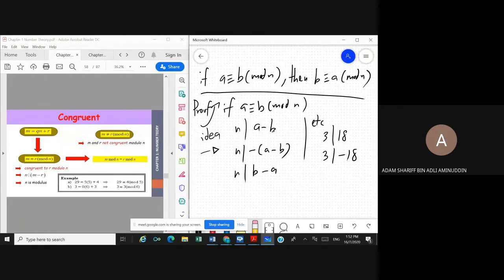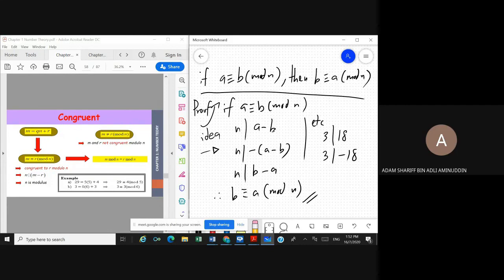A very simple but clever idea on how to manipulate. As N is a factor of B minus A, therefore, conclusively it says that B is also congruent to A mod N. Very easy. Kacang. In English, we call peanut.